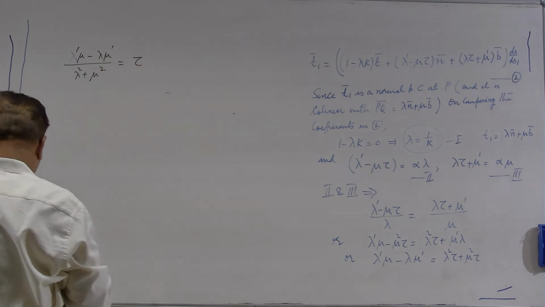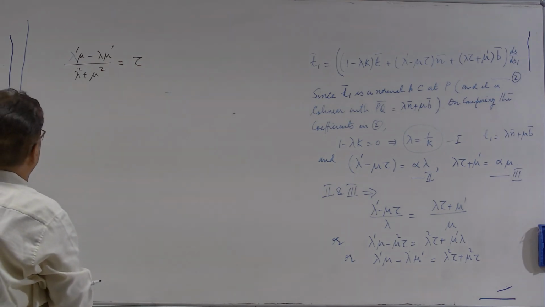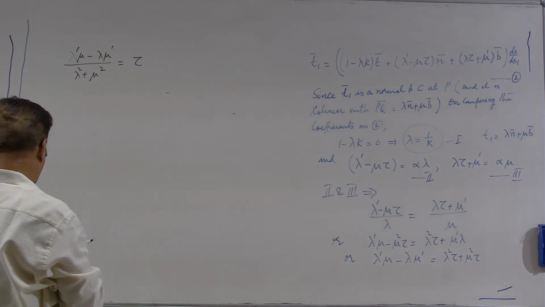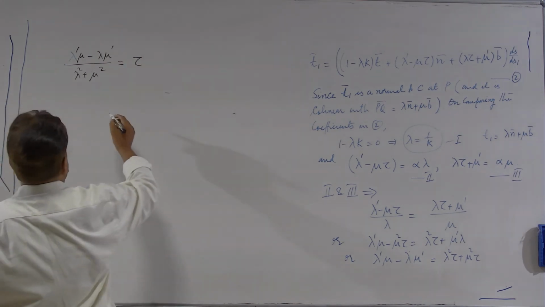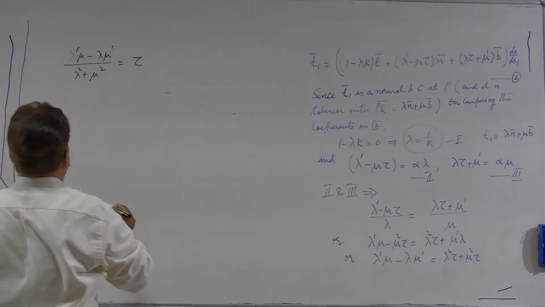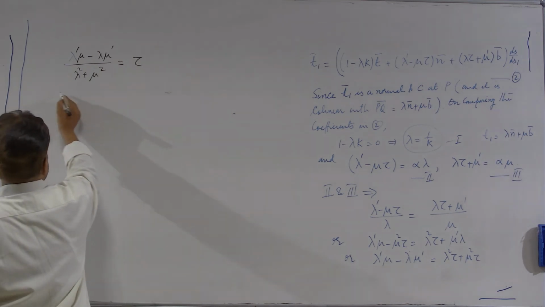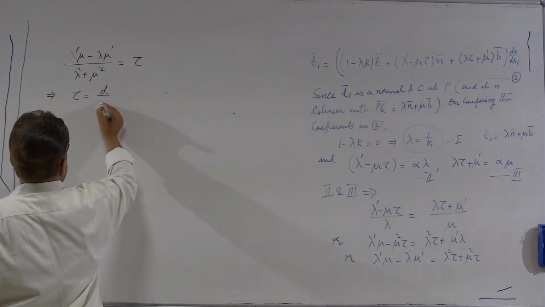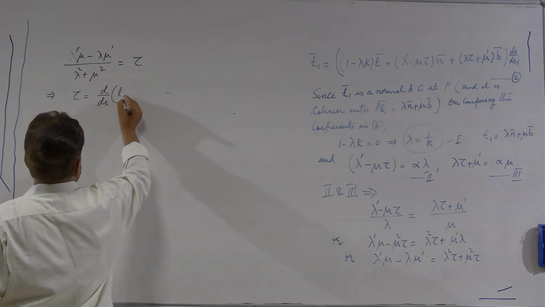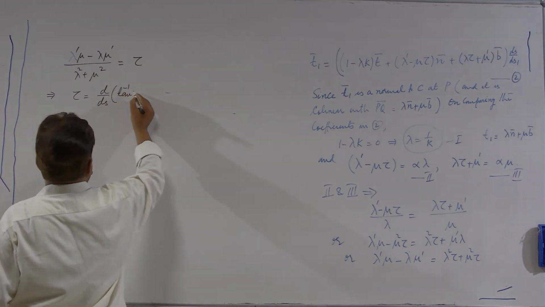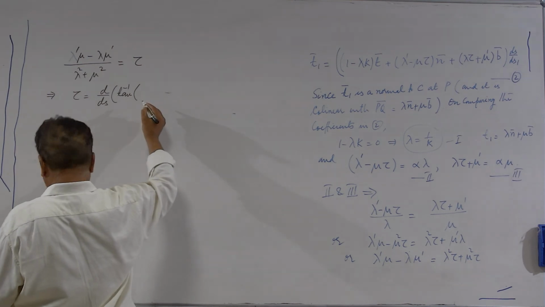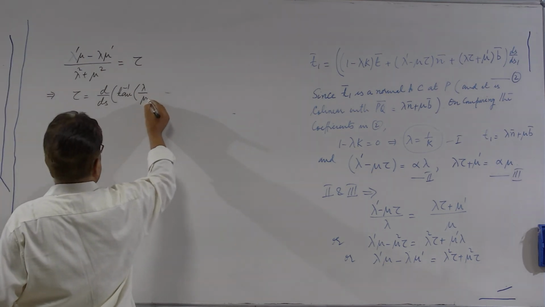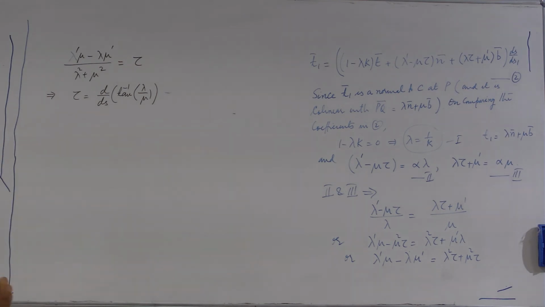Can you simplify it? In fact, this you can write down, this implies tau equal to d by ds of tan inverse lambda upon mu. So, we can further simplify it and torsion comes out to be this much. Okay.